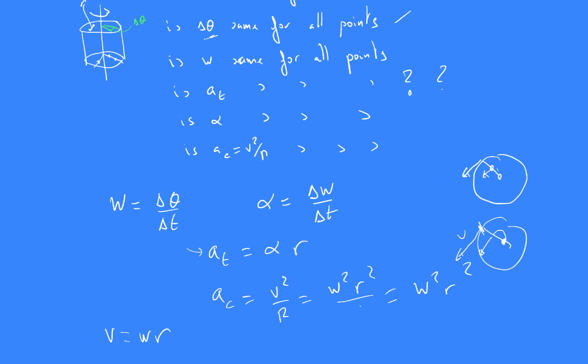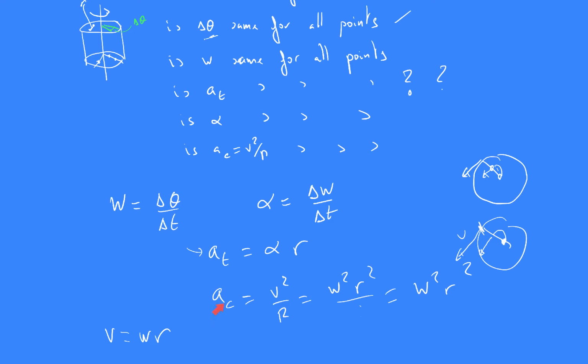If you are next to the axis, you have a smaller velocity compared with this. So the linear acceleration, the tangential acceleration, depends on the radius.